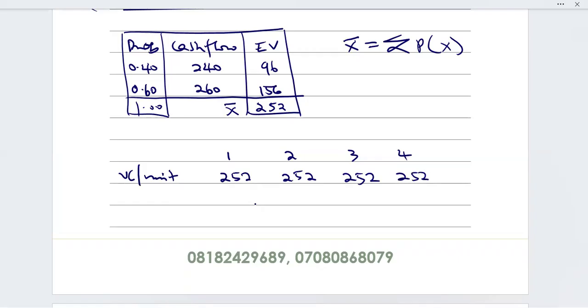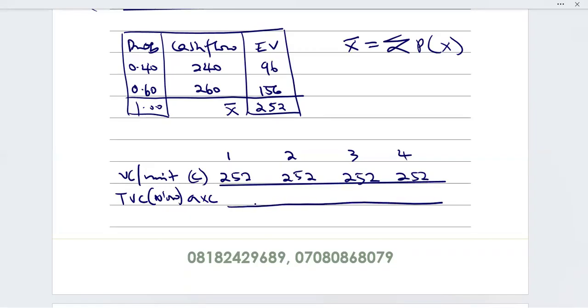The number of units, let's say this is C. Therefore, total variable cost in thousands will be equal to A times C. You already have A up there, which is units. Therefore, 60,000 multiplied by 252.